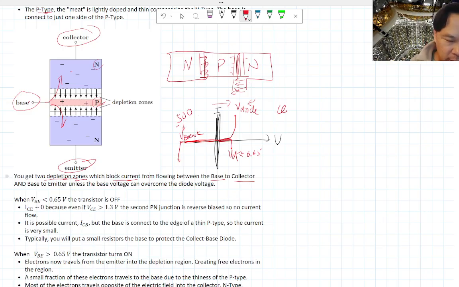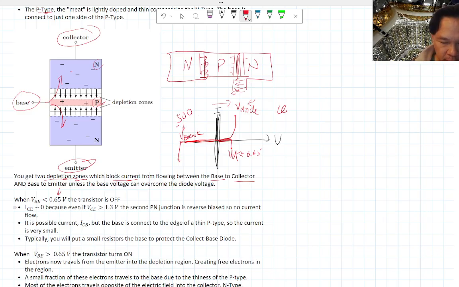We're going to set this diode voltage to be 0.65, and we're going to denote the voltage between the base and the emitter as VBE. If the voltage VBE is less than 0.65 volts, the transistor is off. That means the transistor basically blocks any current from flowing.